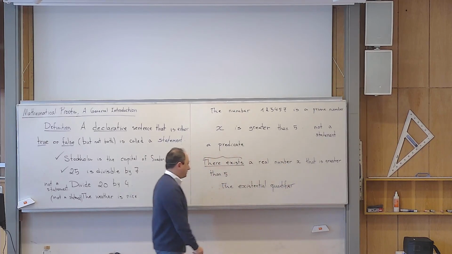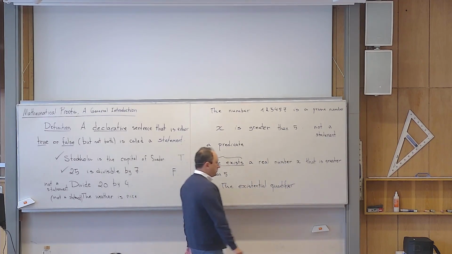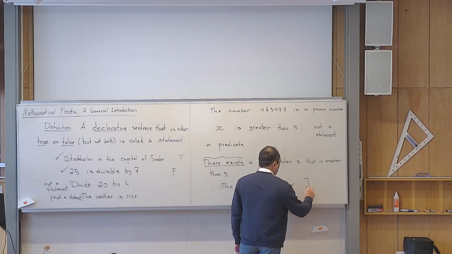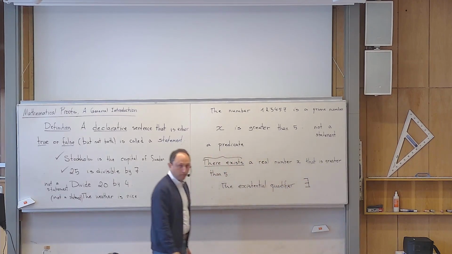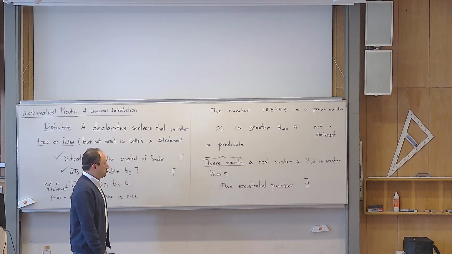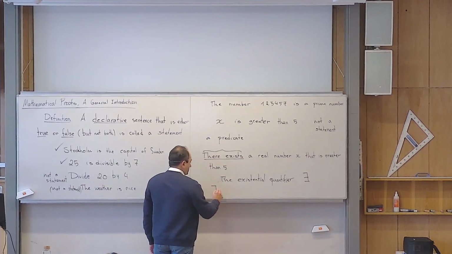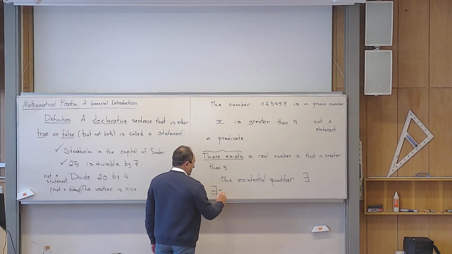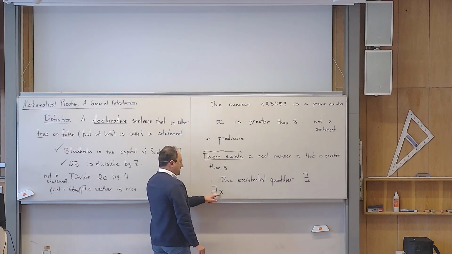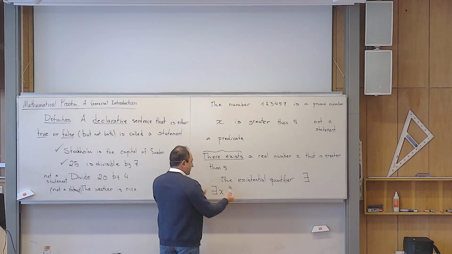And then there is a symbol in mathematics for it. This is the symbol. So if I want to write this sentence in mathematical symbols, I would say there exists an x, where this x is coming from the set of real numbers. It is a real number.